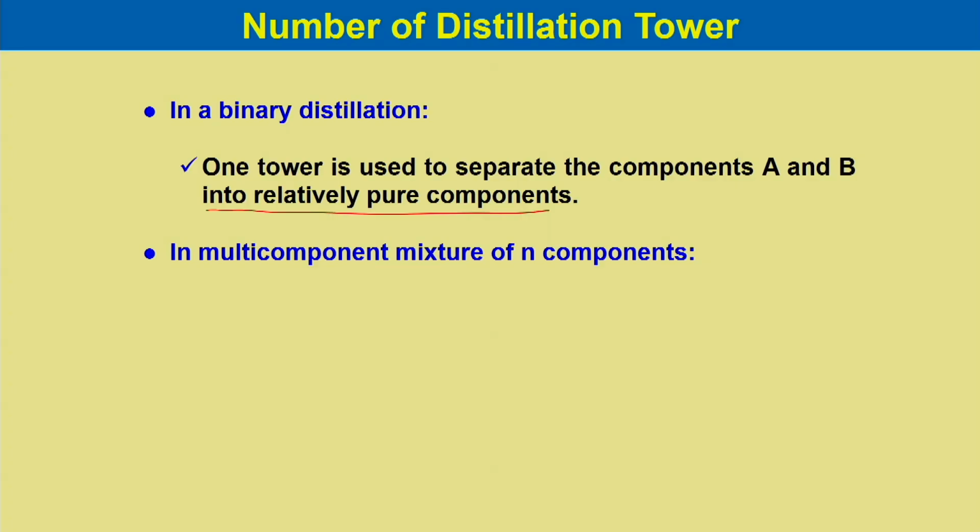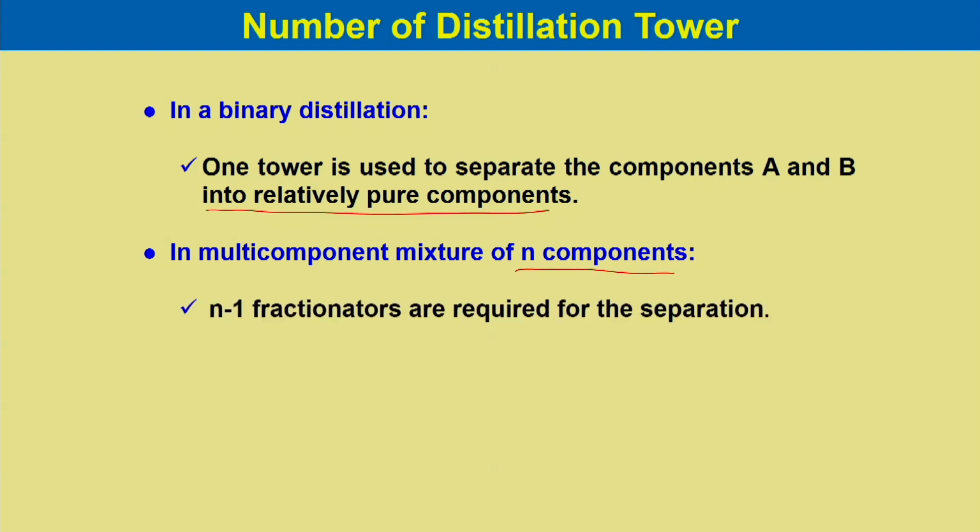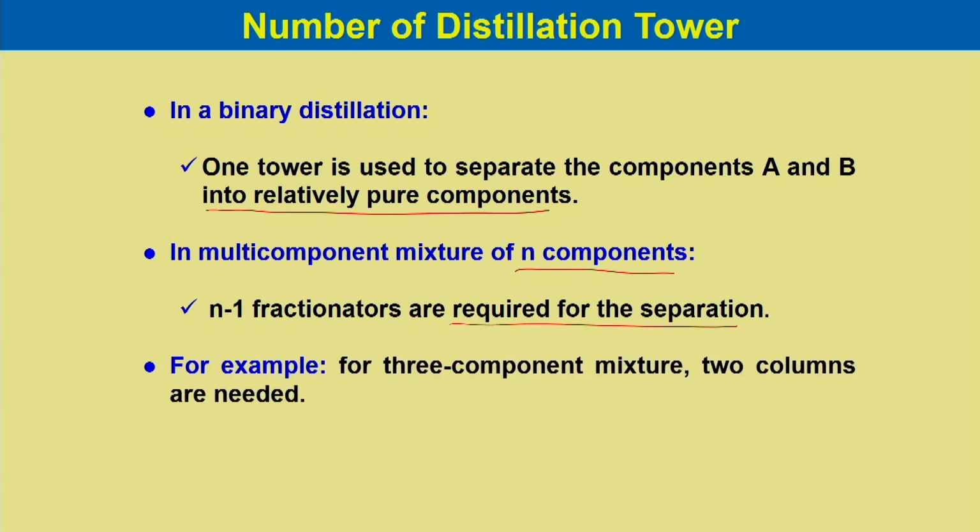But for a multi-component mixture of n components, we need n minus 1 fractionators for the separation. That means, if we have a 3 component mixture, then n is equal to 3, so we need n minus 1 fractionators, that means 2 columns are needed.